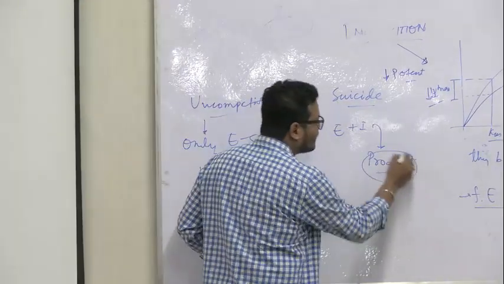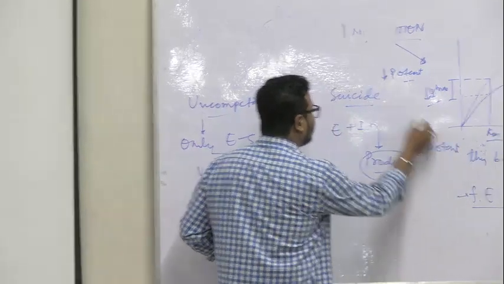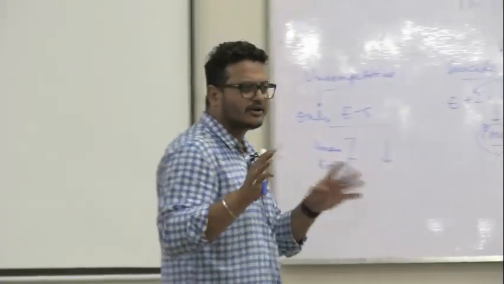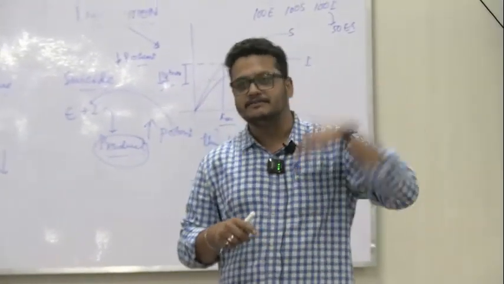This product is going to be the potent inhibitor of this enzyme. Now think, why was this called suicide? Using its own enzyme machinery, it produces a product that is going to be more dangerous for itself.